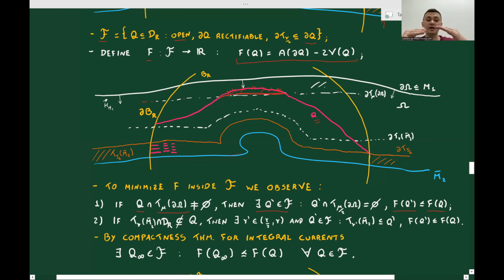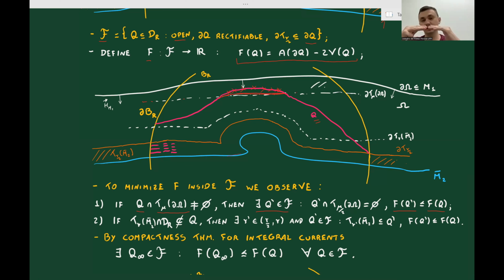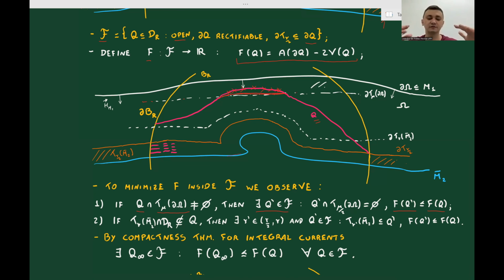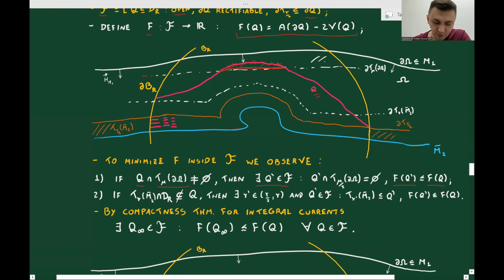In the end, we will need to do some convergence argument, and so I would like to have a good distance between the boundary of Q and the boundary of omega.